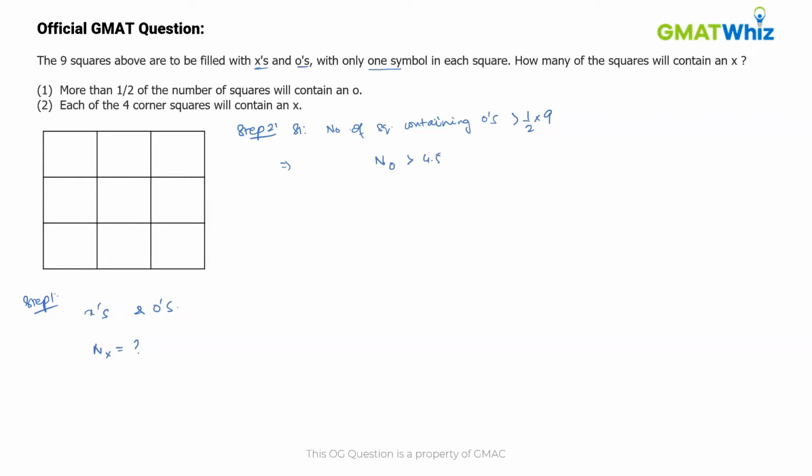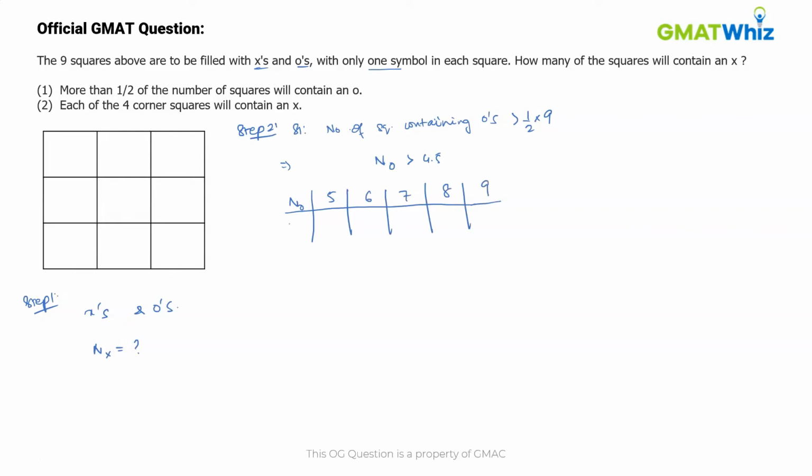Now when the value of NO is greater than 4.5, there can be multiple cases. For example, the number of squares containing O's can be equal to 5, 6, 7, 8 or 9.